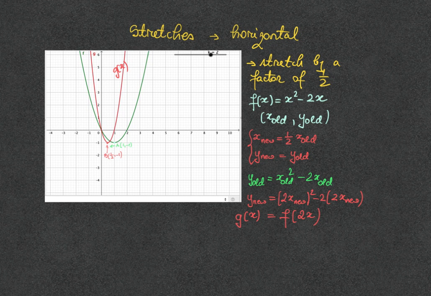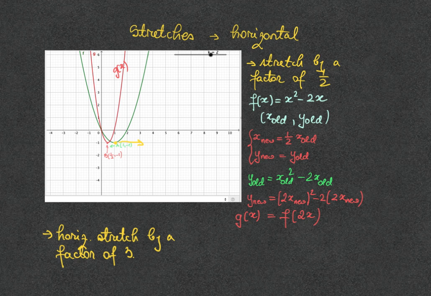So as a conclusion, you can try another graph. So stop the movie and try yourself a horizontal stretch by a factor of 3. Think what happens with the point A by a factor of 3.